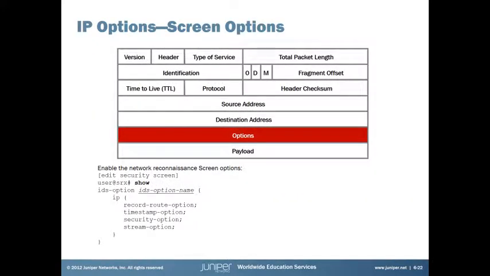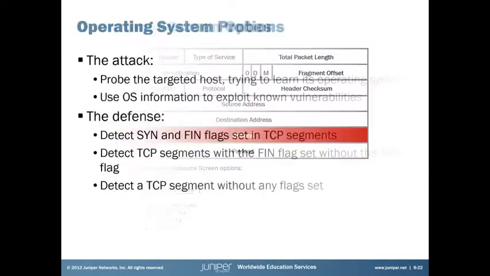So let's take a look at that. This is the options field right here in the packet. This is the configuration here. We've got record route option, timestamp, security, and stream option. This is configured under the edit security screen hierarchy. Okay, so we're setting up these screen options here.